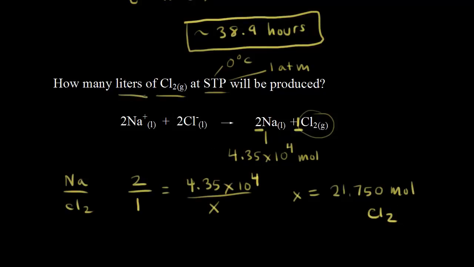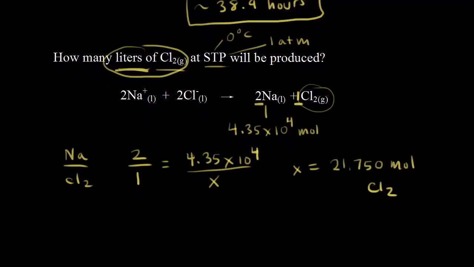We're trying to find liters of chlorine gas that are produced. One thing we could do, just to make our lives easy, is to say we know that 1 mole of an ideal gas occupies 22.4 liters at STP. So if we have this many moles, and we assume this is an ideal gas, we could find how many liters that is by multiplying that number by 22.4.